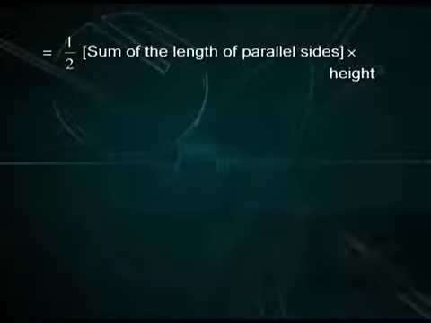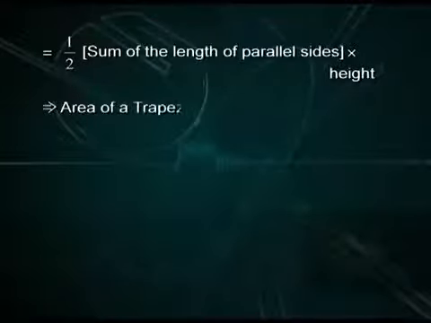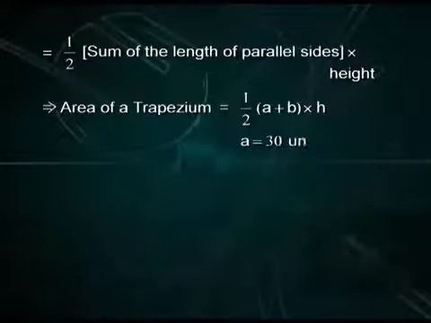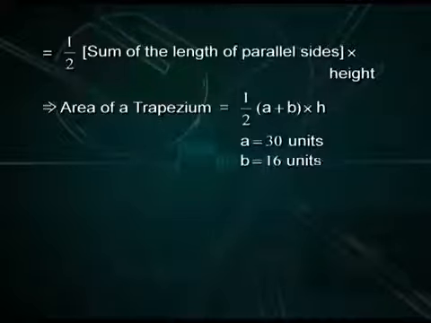Now let us calculate it mathematically. We can see that the area of a trapezium is equal to half into a plus b into h. And right now we have seen that a is 30 units, b is 16 units and h is 15 units.